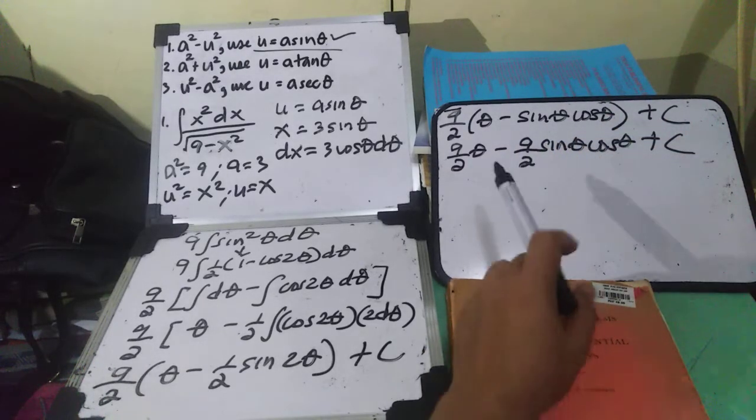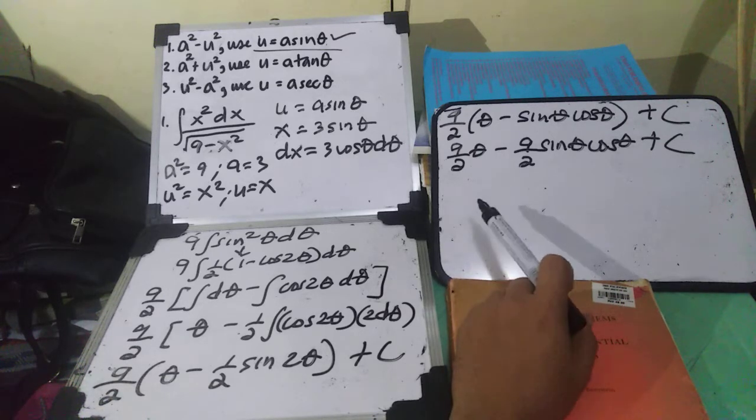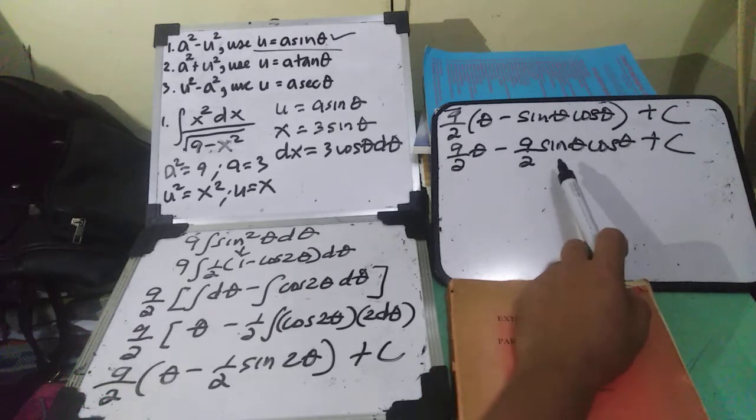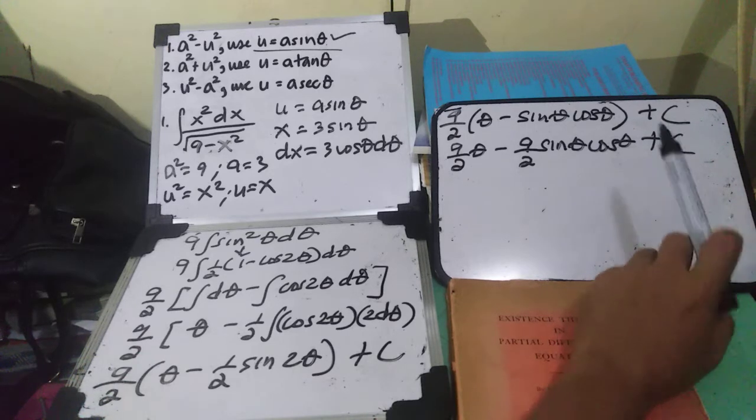Now, this is not the final answer, since we just used trigonometry to evaluate the integral. So meaning we need to find the values of theta, sine theta, and cosine theta in terms of x, or in algebraic form. So how do we do that?